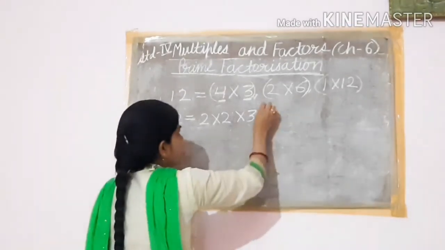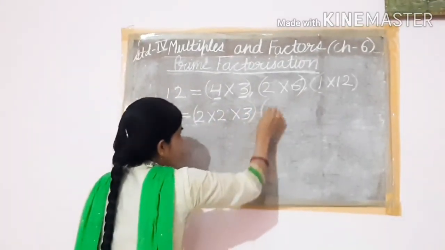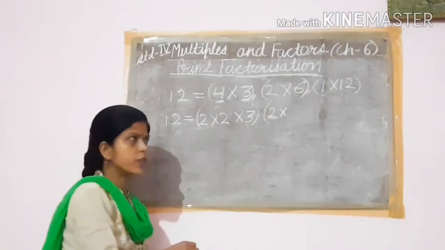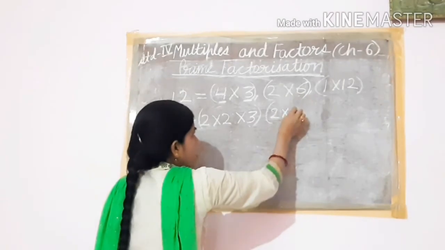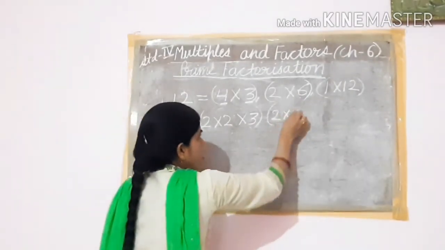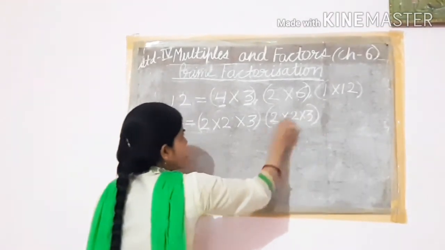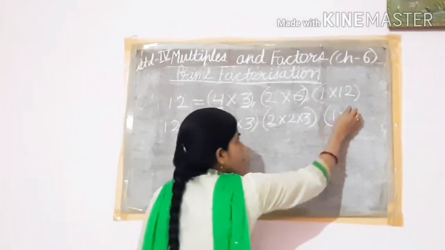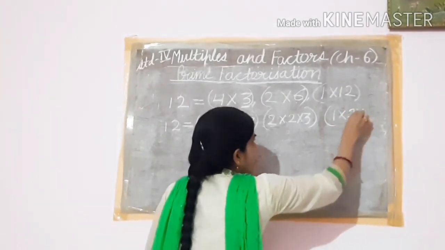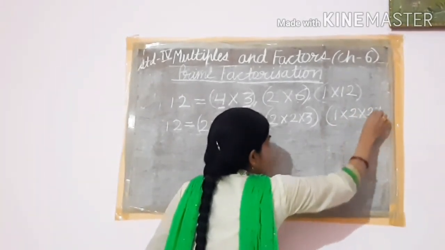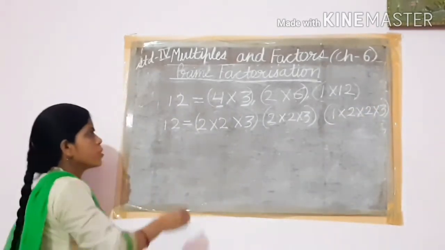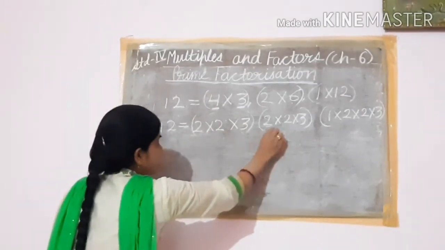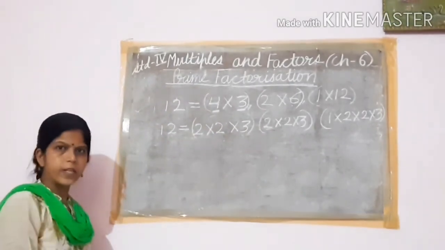The same way you can do for 2 6s also. 2 is a prime number, but 6 is a composite number. Again you can change it into prime numbers: 2 3s are 6. So here also 2, 2, 3. I have changed these factors into prime factors and this is called prime factorization.